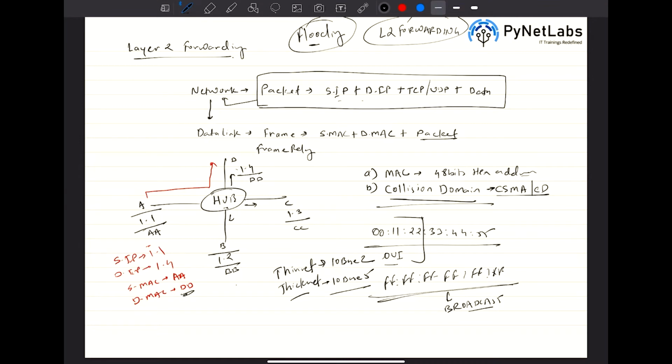That's exactly how it works. So this means that devices can only transmit or receive data at one time, and this behavior is called half duplex.